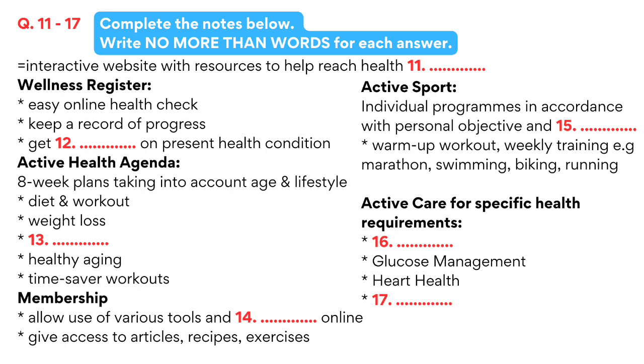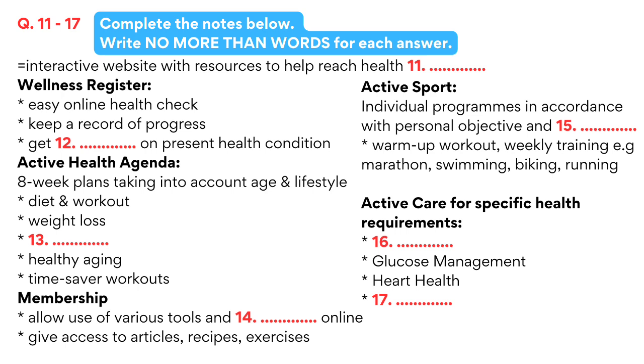Now, The Active Health Agenda is where our team of experts has created a series of interactive 8-week programs for some of the most common health goals. These are aimed at differing ages and lifestyles and include healthy eating and workout plans, plans for losing weight, stress management, longevity, or how to age gracefully by maintaining your health, and express workouts for those of you who never have enough time.